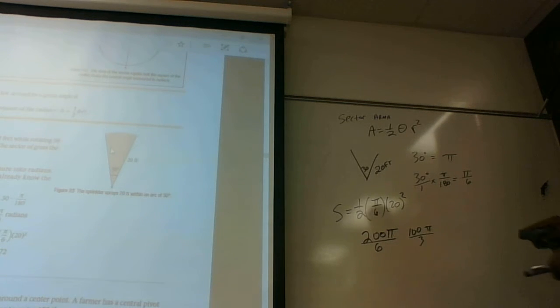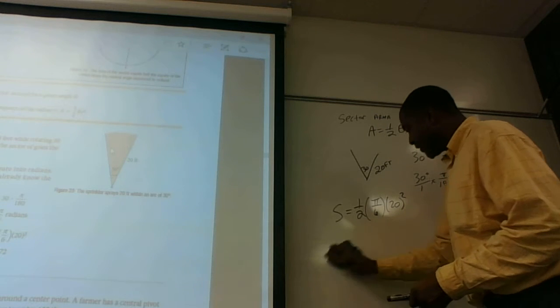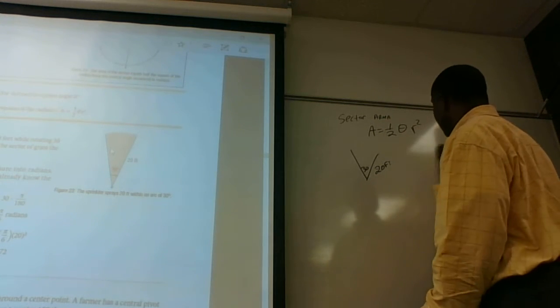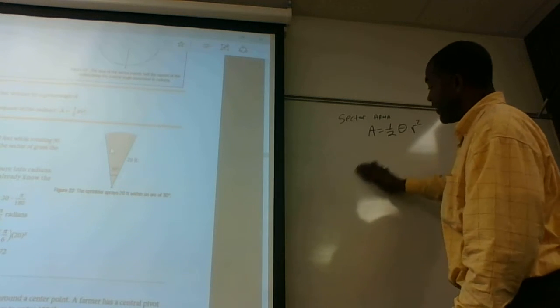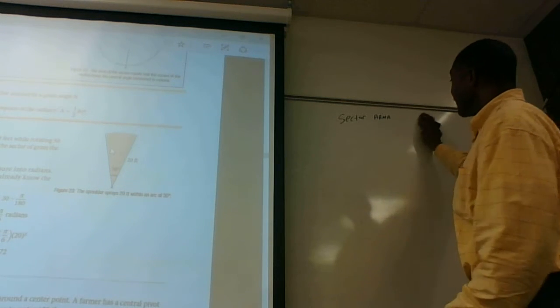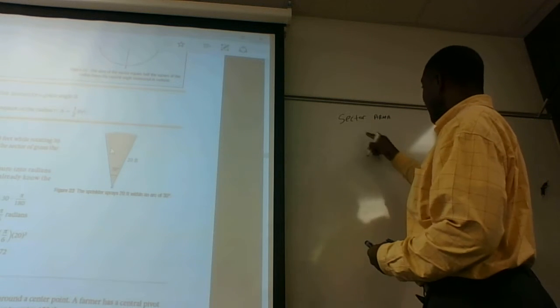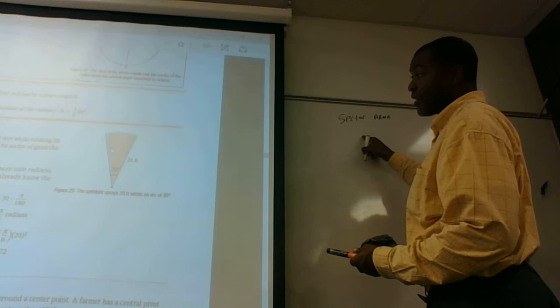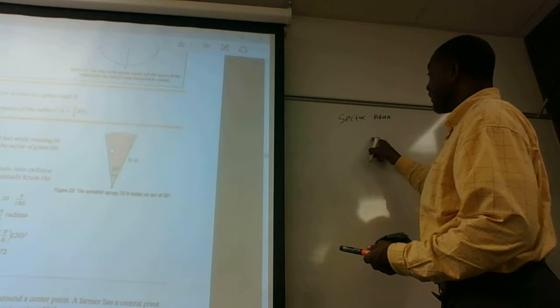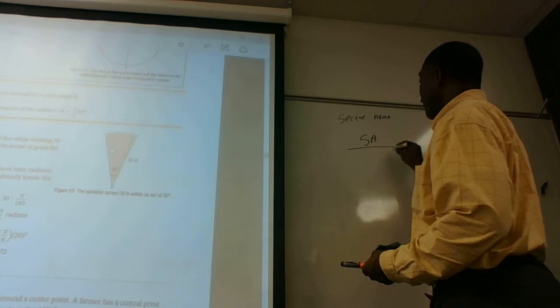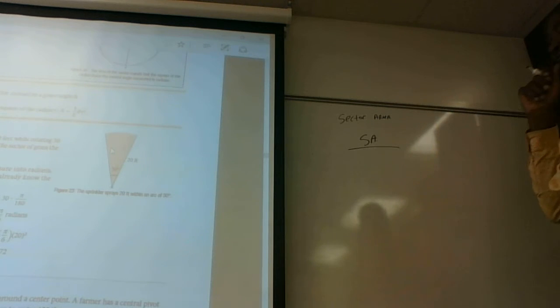But since we got that, this is another way we can look at it. Again, I told you there's one way. If we don't come up with the same answers, then one method is better than the other method. No, they're not. They're the same. But it just gives us another way of looking at it from a geometry standpoint. We know sector area over, now what's the formula for area of a circle?